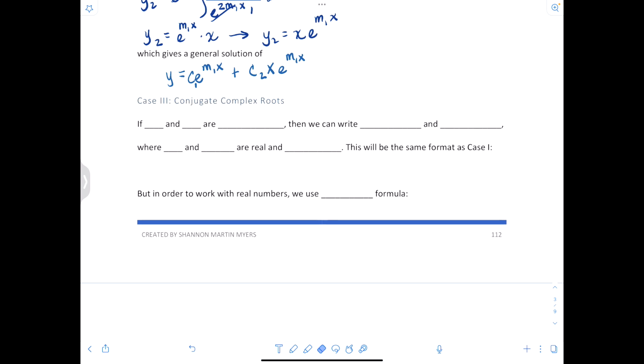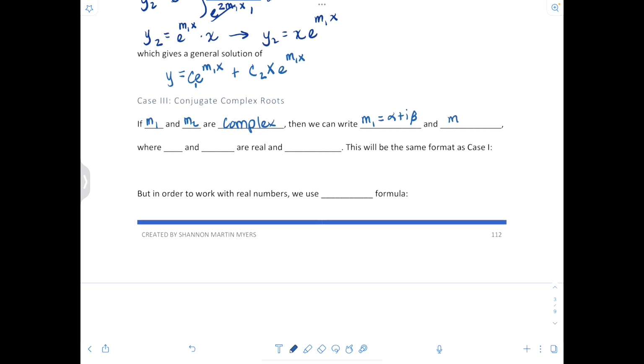Okay, case 3, conjugate complex roots. If m1 and m2 are complex, then we can write m1 is equal to some alpha plus I times beta.